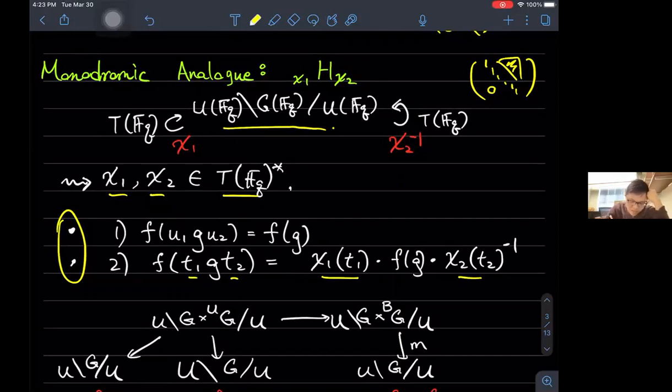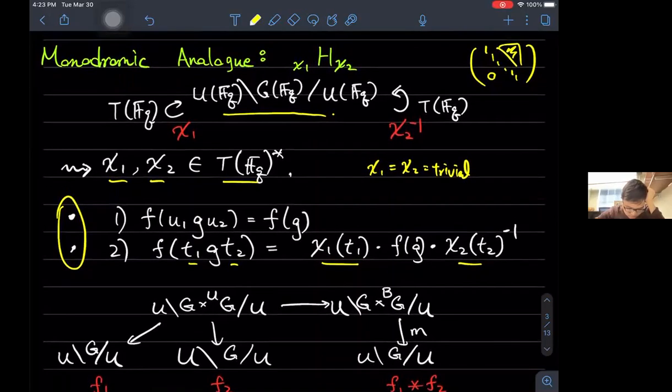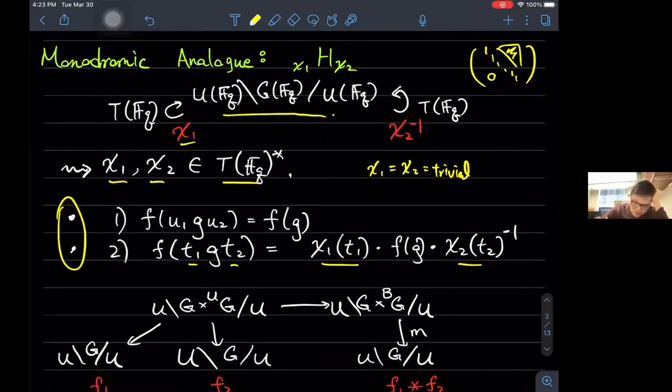A special case is when chi1 and chi2 are the trivial character, then we obtain back the Hecke algebra I mentioned before. So basically, I changed the monodromy.